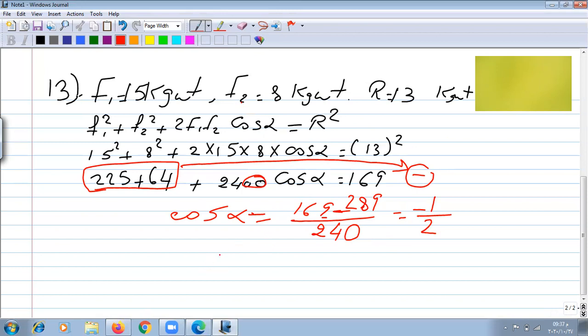Shift cosine negative half, alpha will be equal to 120 degrees. And this is the angle between the two forces.